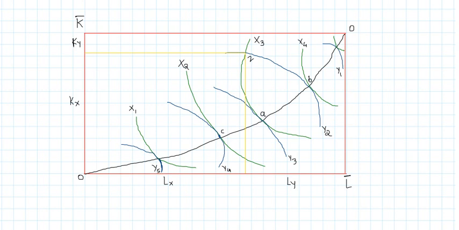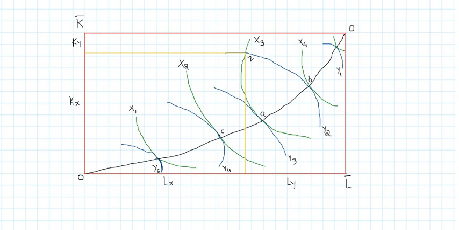Now let's see how the contract curve also helps us in giving a different picture of the production side of the economy. So we can define the equilibrium of the firms in the product space and use another tool which is known as the production possibility curve of the economy.